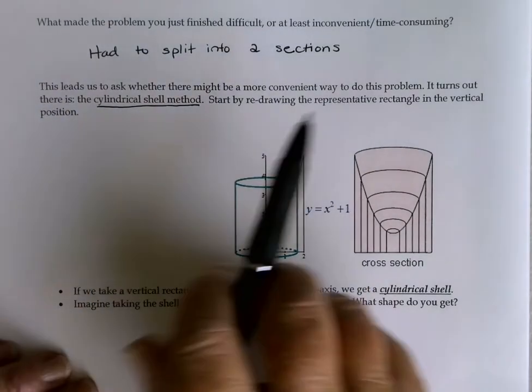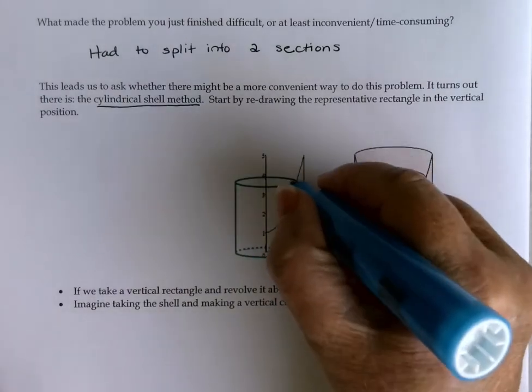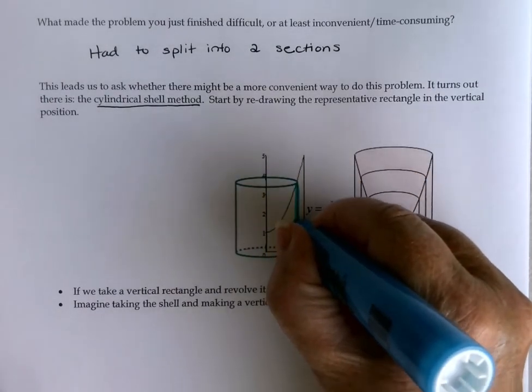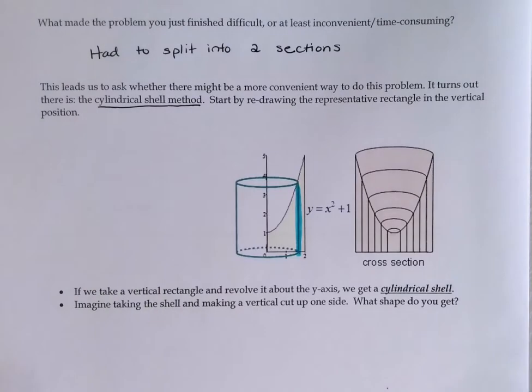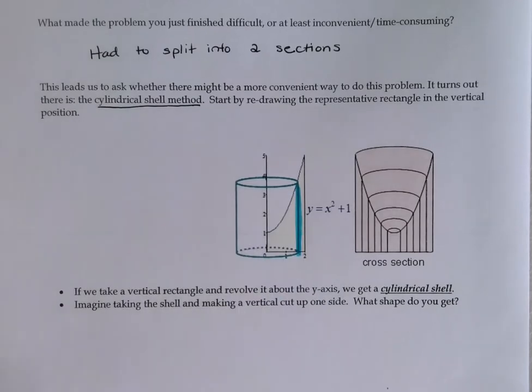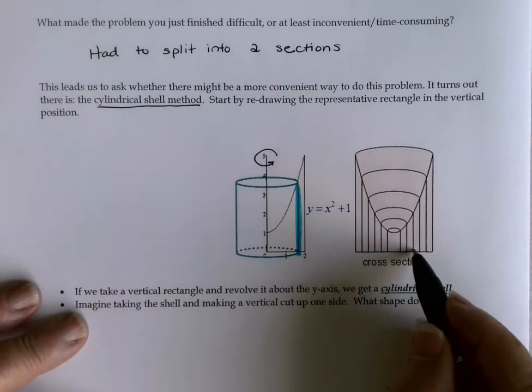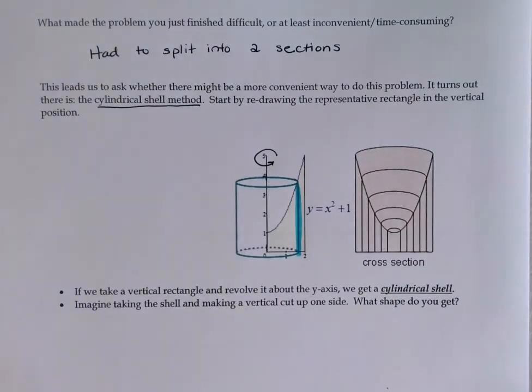We start by redrawing our representative rectangle in the vertical position. So that's what they've done right here. This right here is the representative rectangle. Rotating that vertical rectangle around the y-axis created that cylindrical shell. And if we do a whole bunch of them and fit the shells one inside the other, we get an approximation for the full volume.